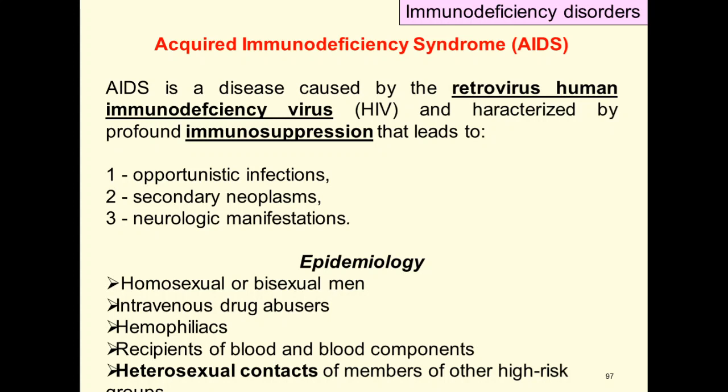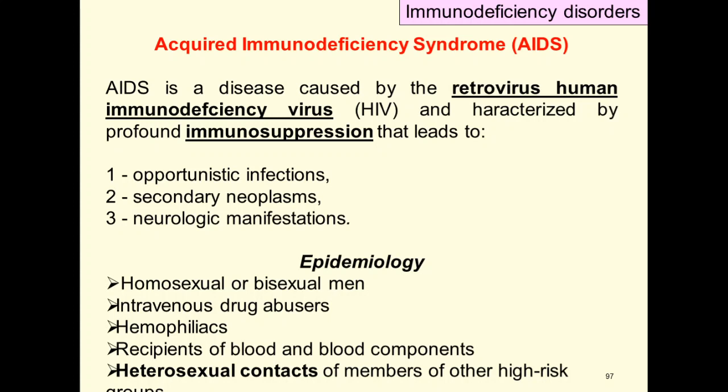Opportunistic infection means that this microorganism, for example, this type of fungal infection, normally, I underline normally, could be present in our organism, but this type does not lead to disease.